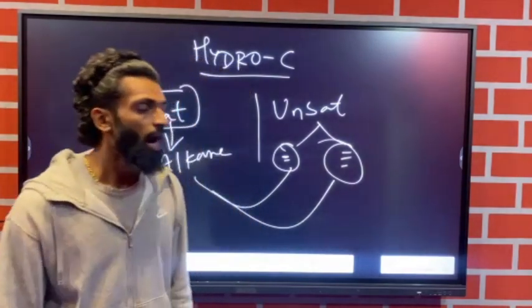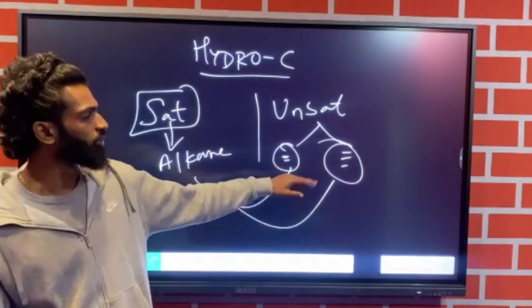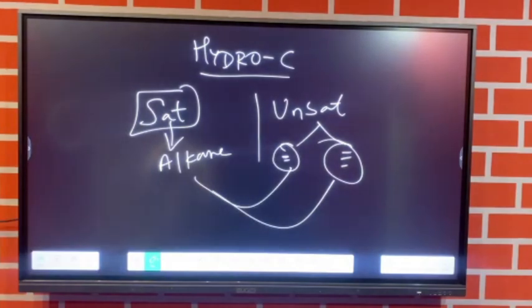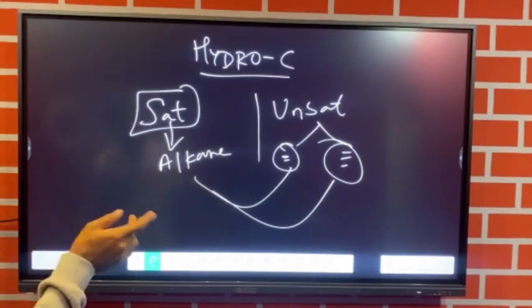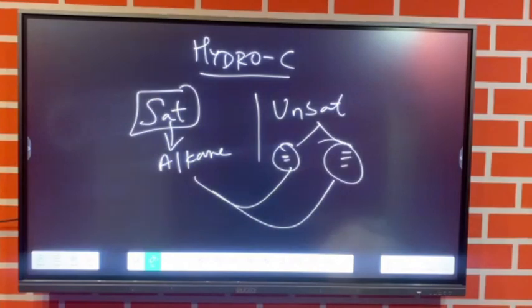How many depends. For this, only 2 might be required. For this, 4 might be required. That keeps on changing. I'm talking about the balancing number, but the concept remains the same. So we are supposed to use hydrogen in order to get the answer. That's the basic thing, one of the ways to convert unsaturated to saturated.